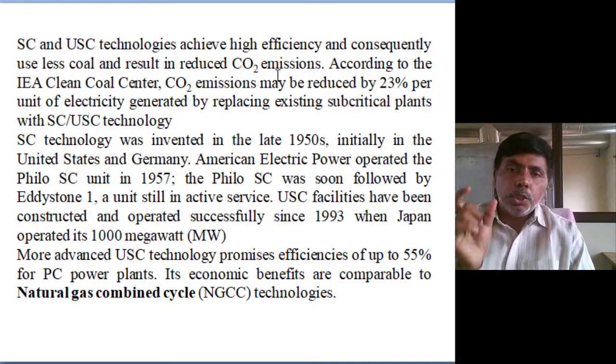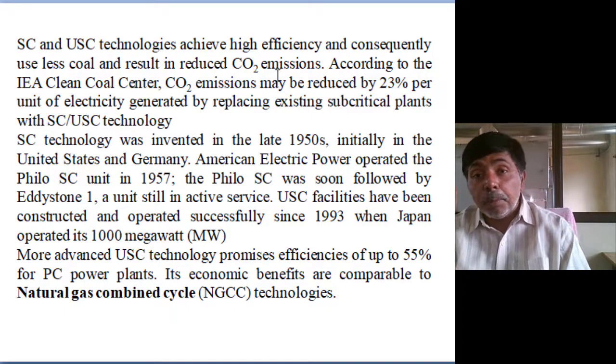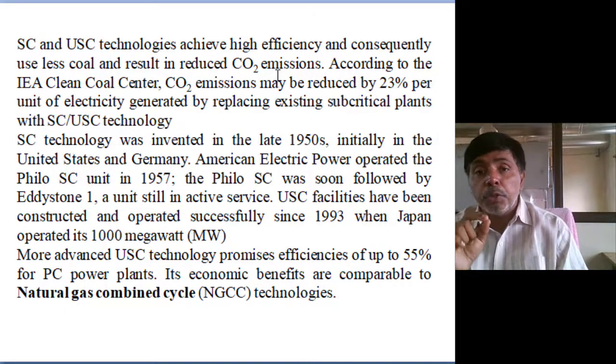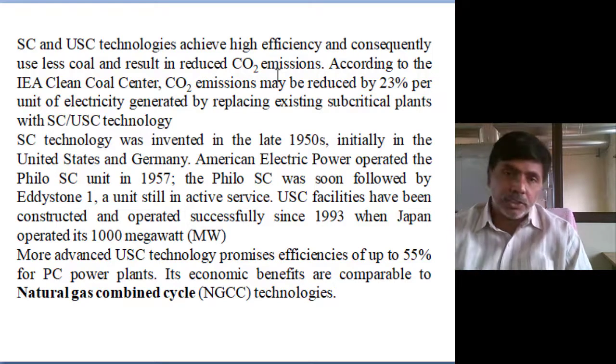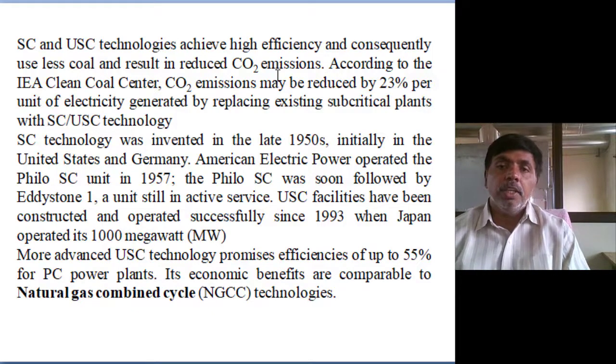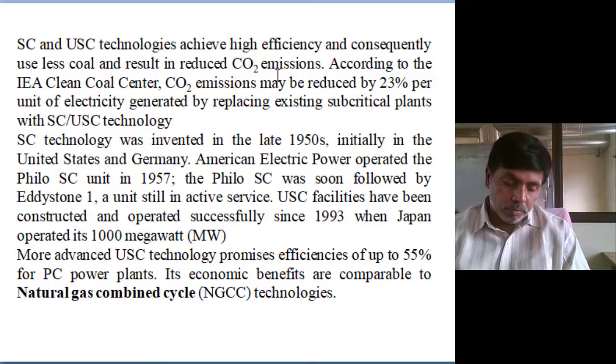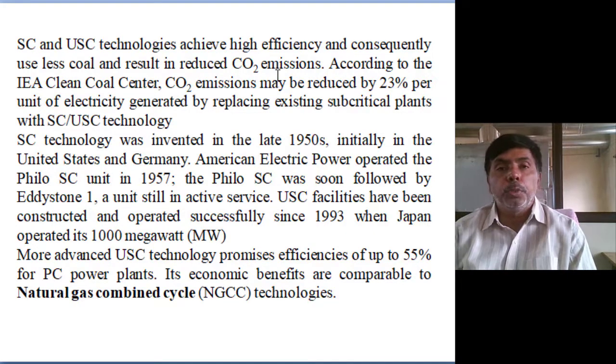So for 1 unit of electrical energy generation, we are reducing CO2 emissions by 23%. Why? Because we are enhancing the efficiency. If we replaced all subcritical thermal power plants by supercritical and ultra supercritical, we will achieve that much reduction of CO2 emissions.